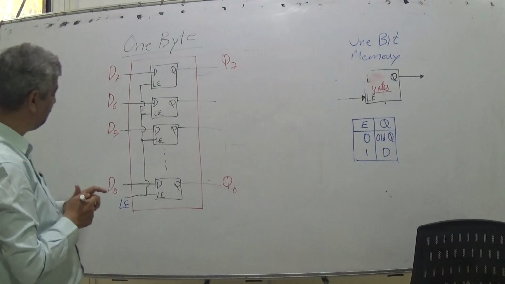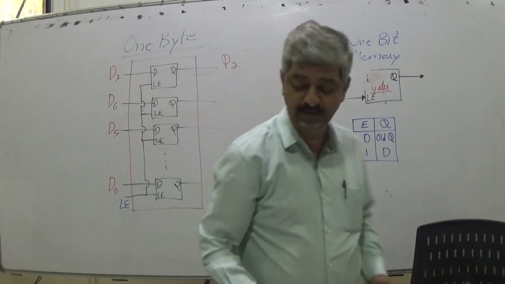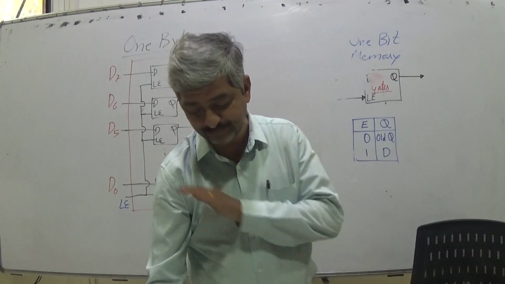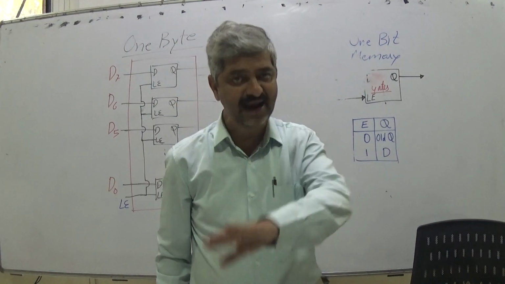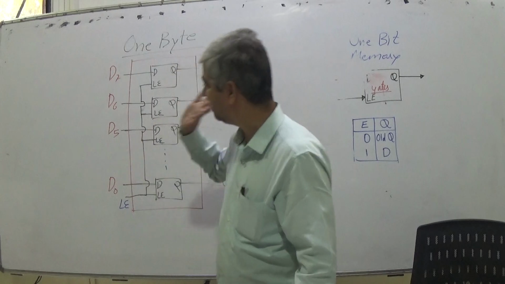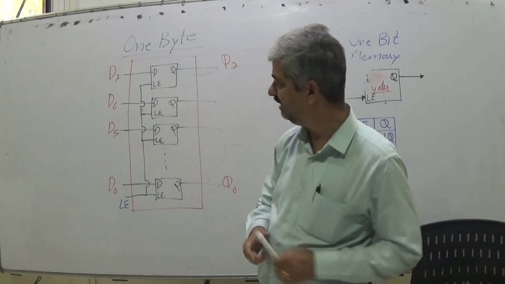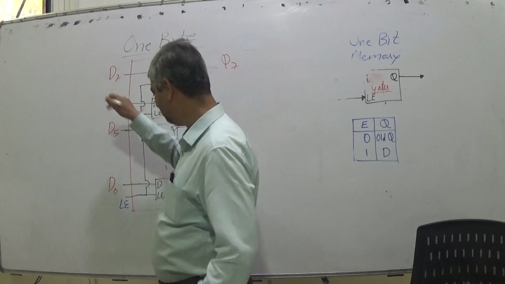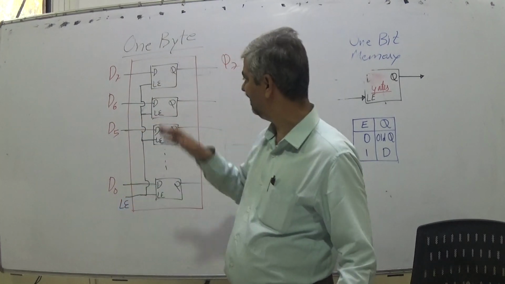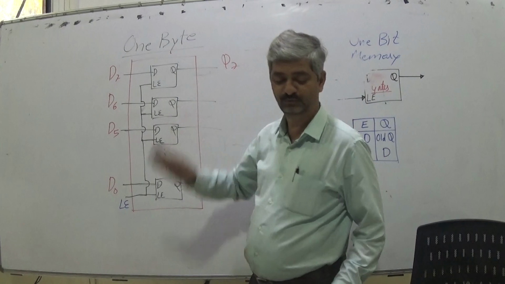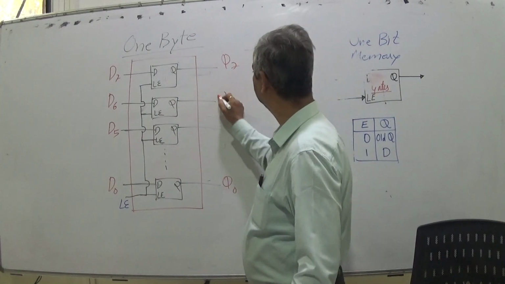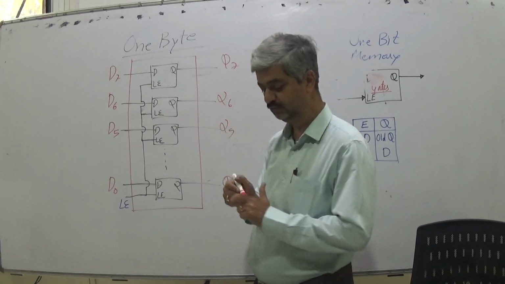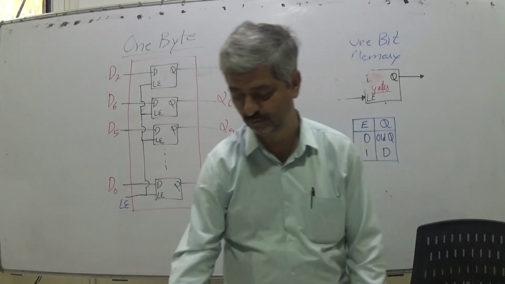So an 8-bit or 1 byte memory location would be 8 input pins, data pins, 8 output pins, and 1 latch enable pin. 8 input pins through which you can write, you can put the data, using this latch enable you can write, and 8 output pins which are Q7, Q6, Q5 and so on. So this would be 1 byte memory location.